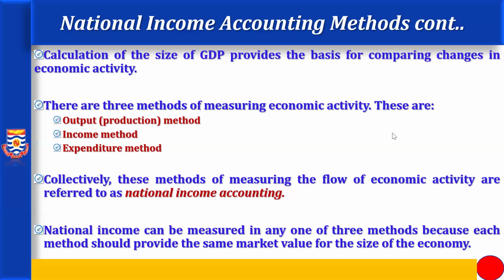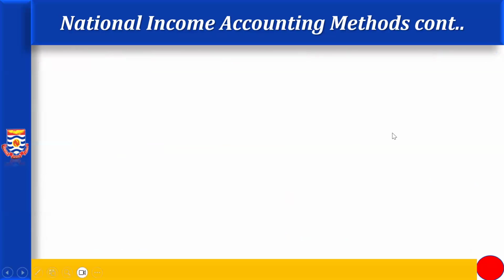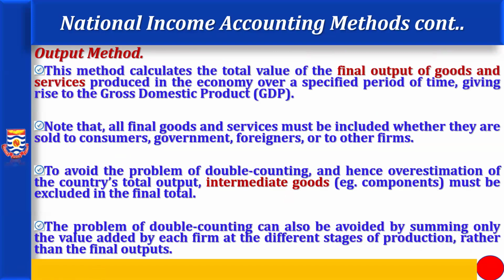So let's get into them in detail. Let's start with the output method. Now, this method calculates the value of the final, look at the word, the value of the final output of goods and services produced in an economy over a specified period of time, giving rise to the concept gross domestic product, GDP.